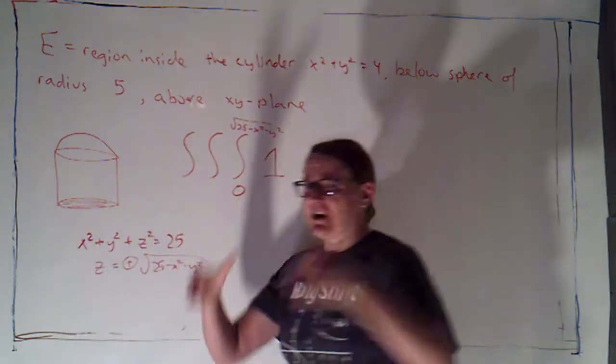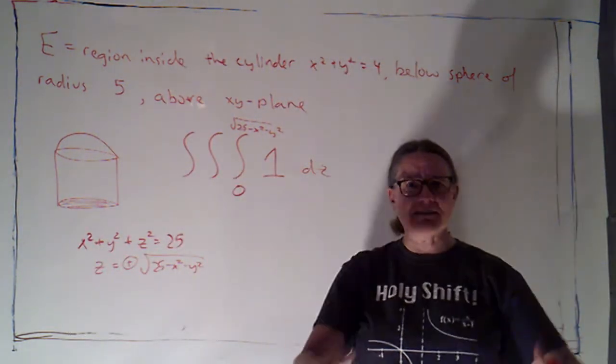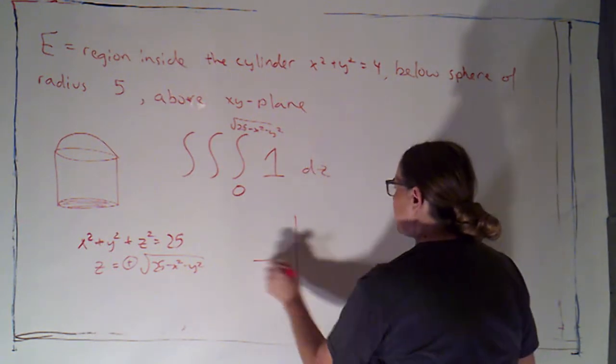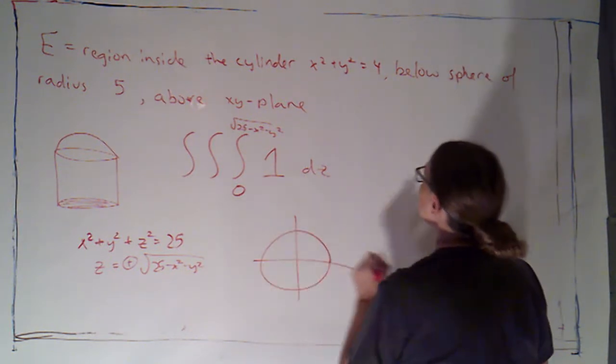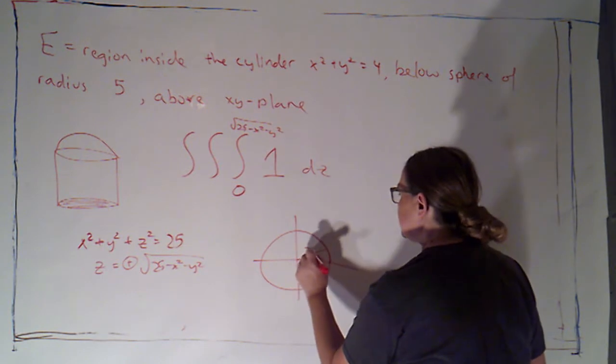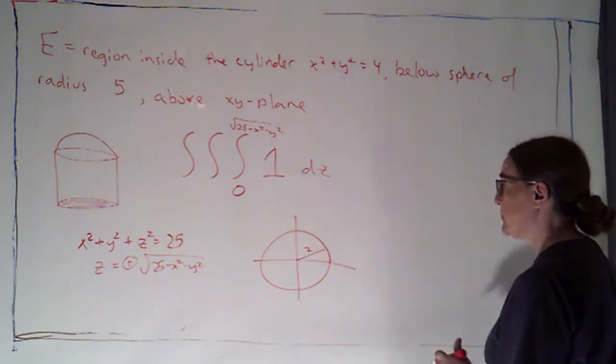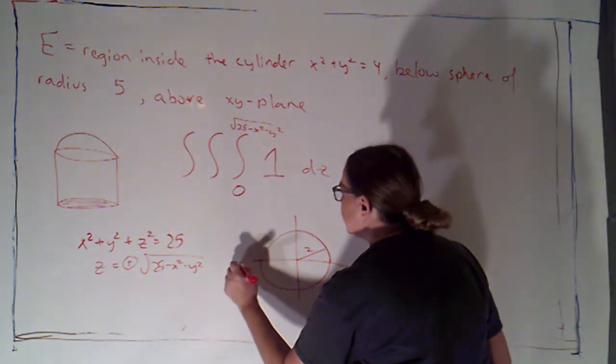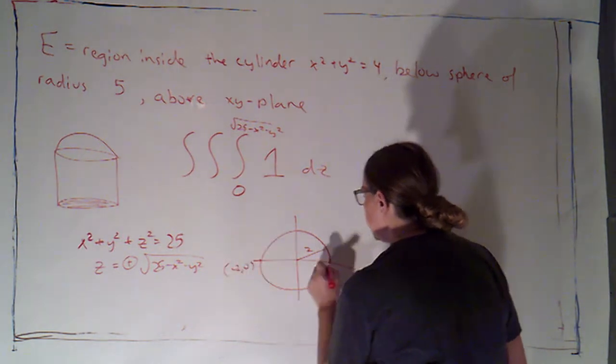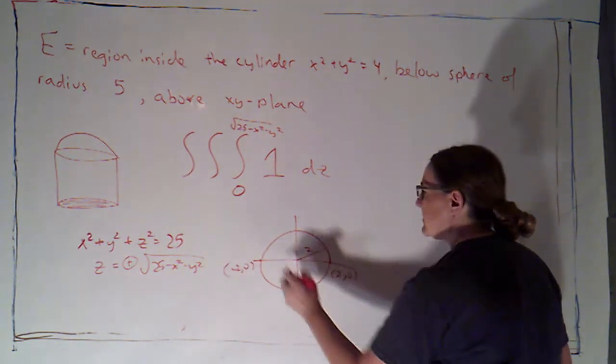Now, if I project this onto the xy plane, it's pretty straightforward because it's got to be inside of this cylinder. So the projection onto the xy plane is just this disk of radius 2. This point would be negative 2, 0. This point would be 2, 0.